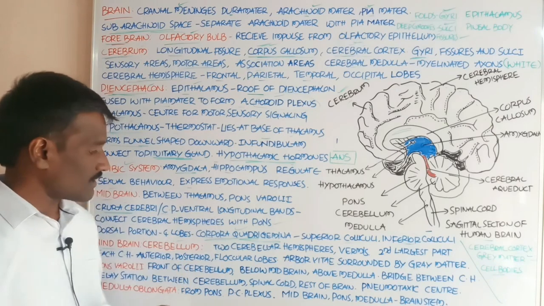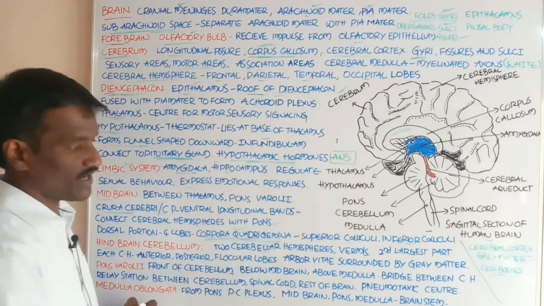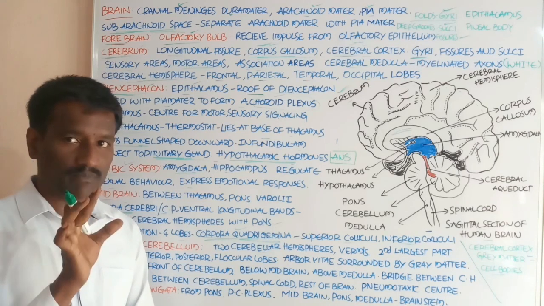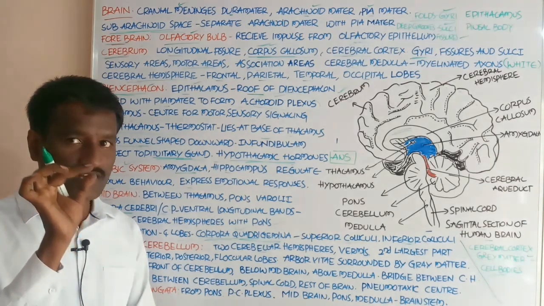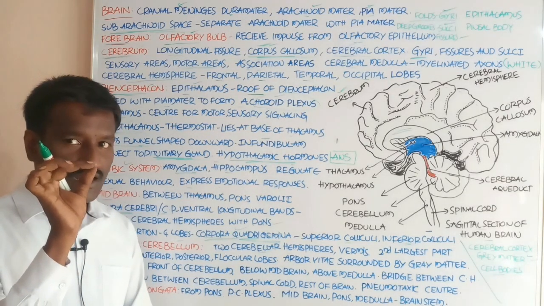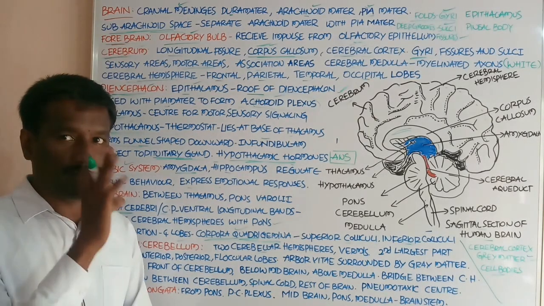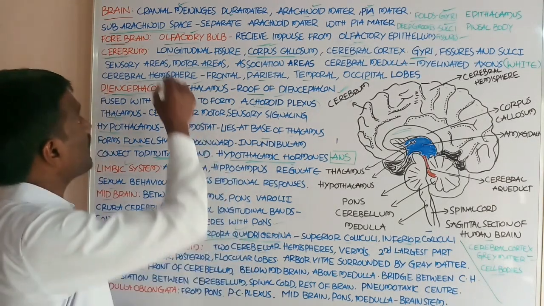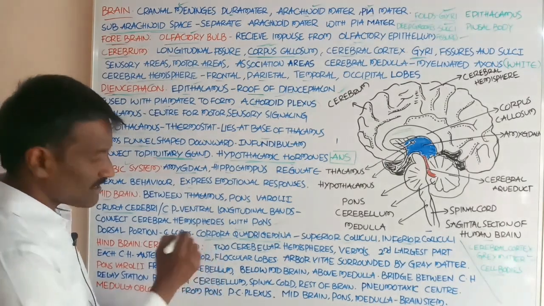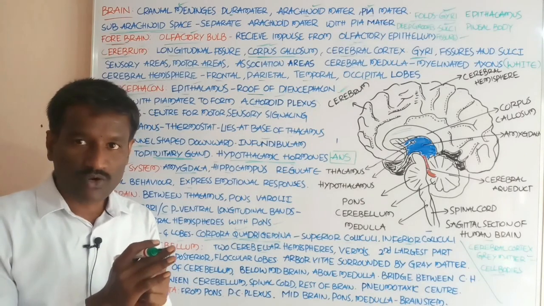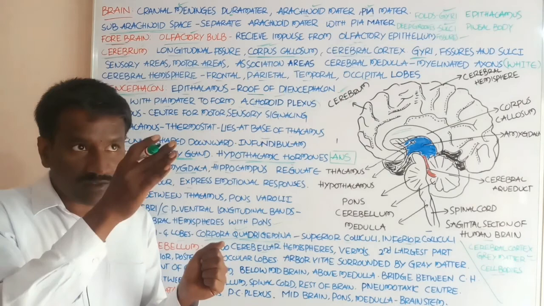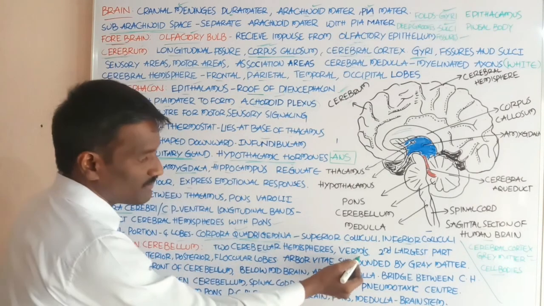The cerebellum is also called the little brain. It is the second largest part of the brain. It divides into 2 cerebellar hemispheres by the middle vermis.